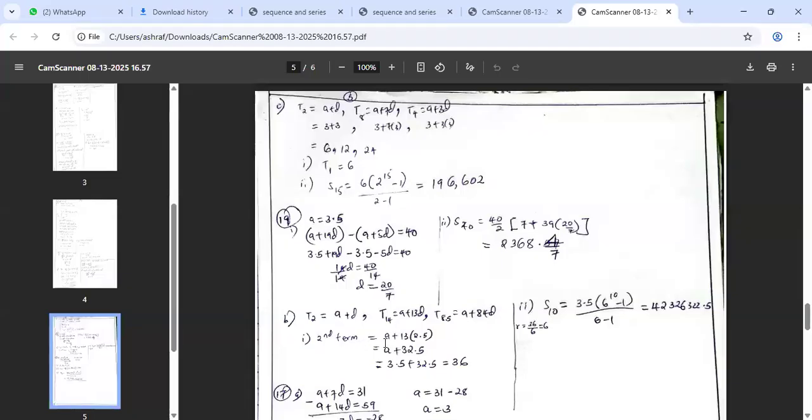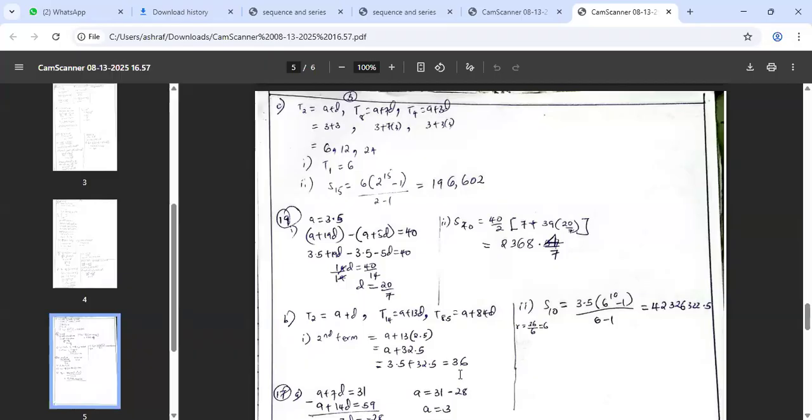So T14 of the AP should be A plus 13D. And you've been told to use a D of 2.5. A of the AP was 3.5. So if you substitute in the formula, you get your second term as 36. Is that okay? You get a second term as 36.